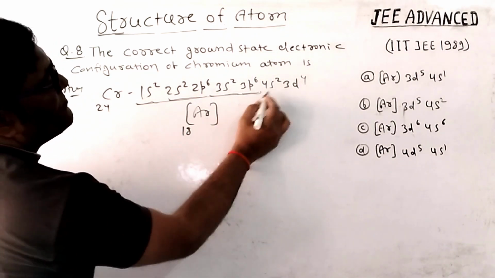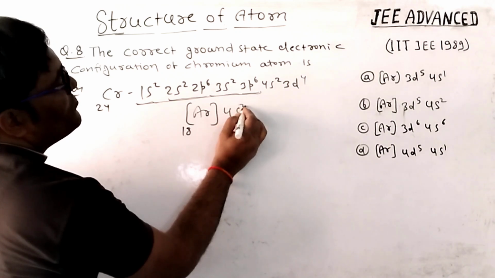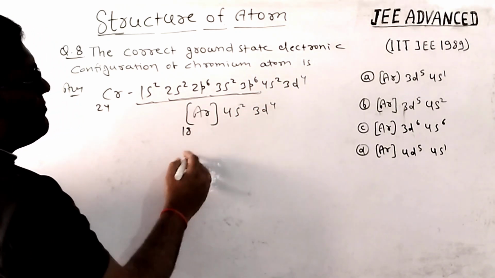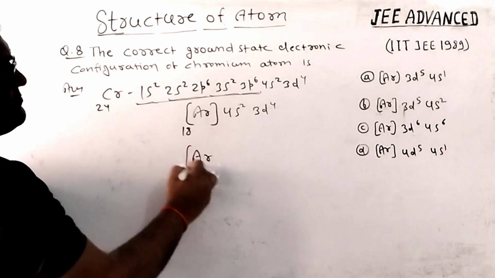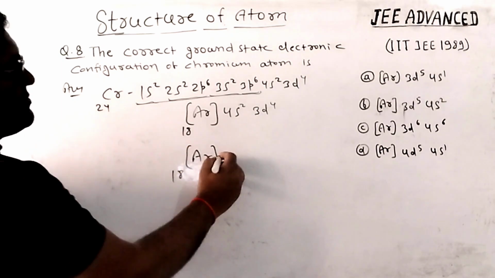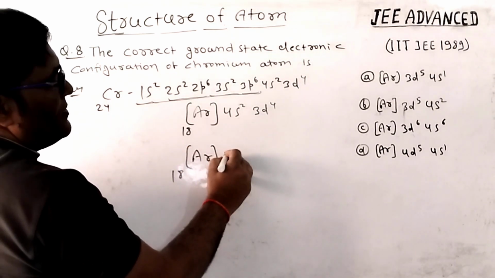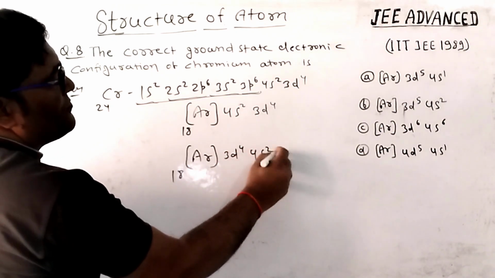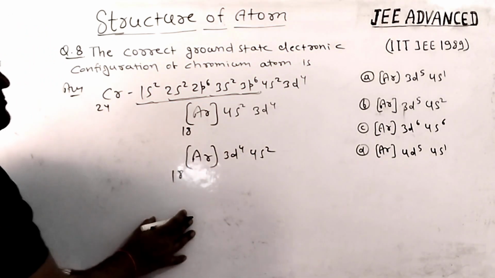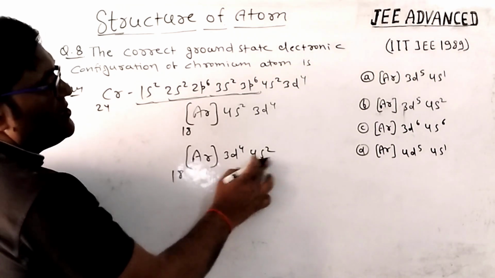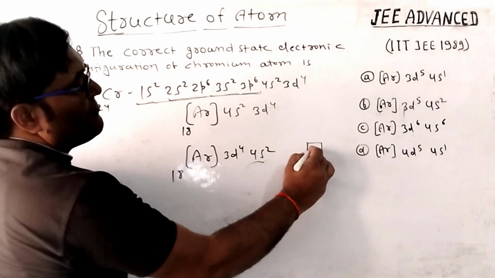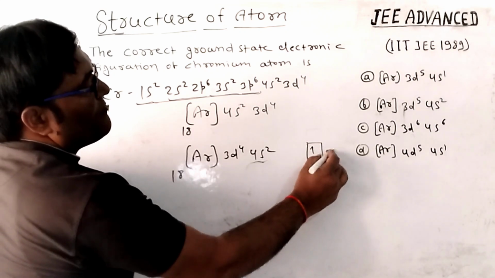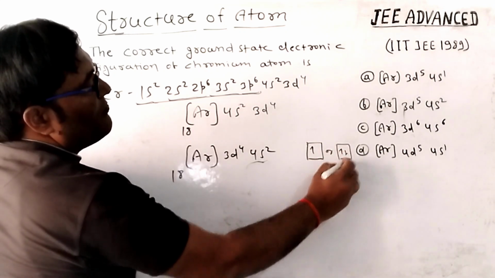After that 4s2 and 3d4. Now we can also write 3d4 and 4s2. Now we can observe the last shell is completely stable because s is stable whenever it is completely half filled or completely full filled.